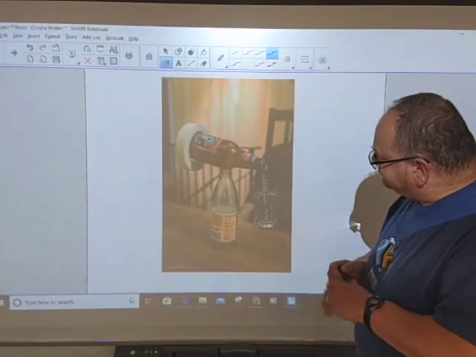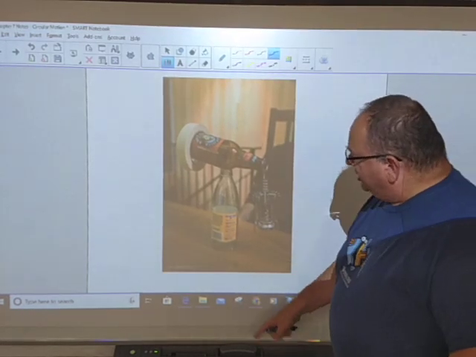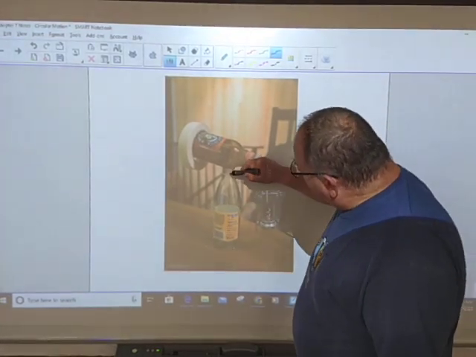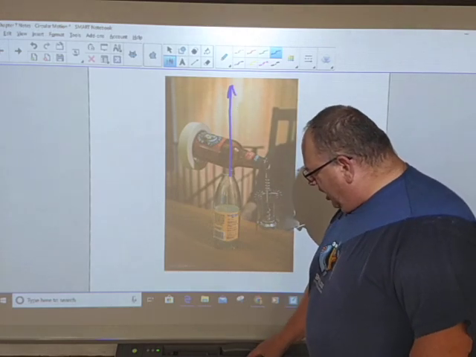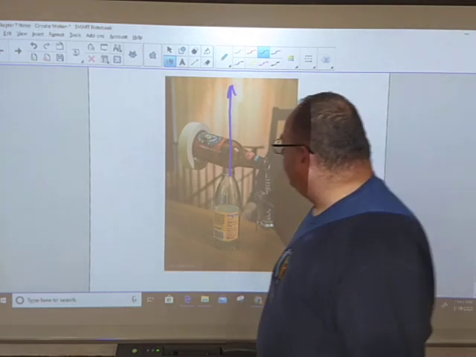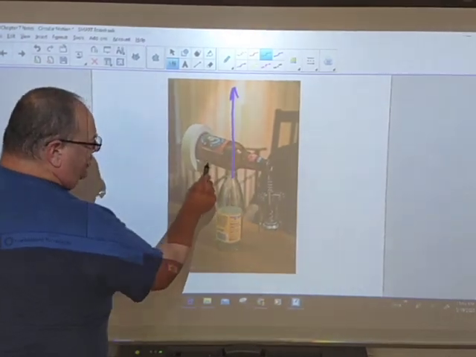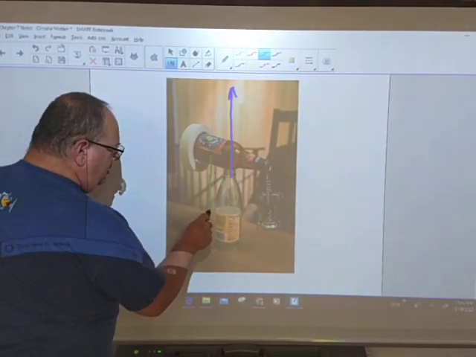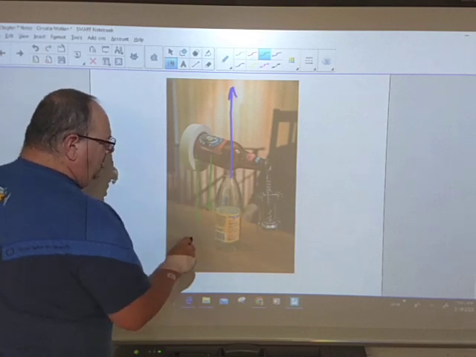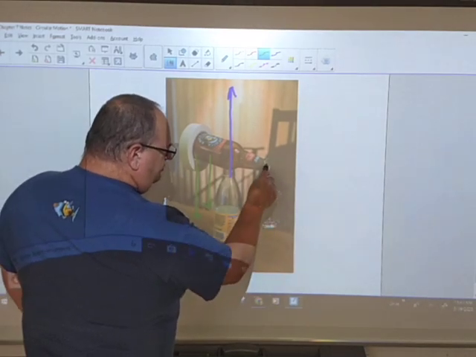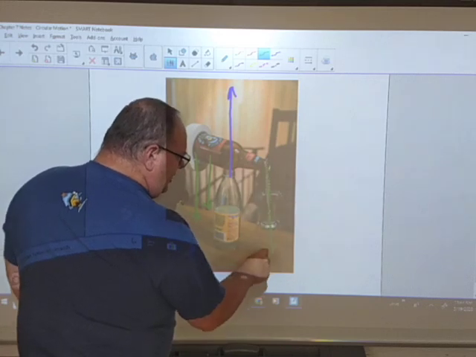Oh, here's one. If we look, we see that our support point is here, so there's an upward force. And then we think about, well, what's all happening here? Well, this bottle has a center of mass somewhere, okay? The roll of tape has a center of mass somewhere. The corkscrew has a center of mass somewhere.